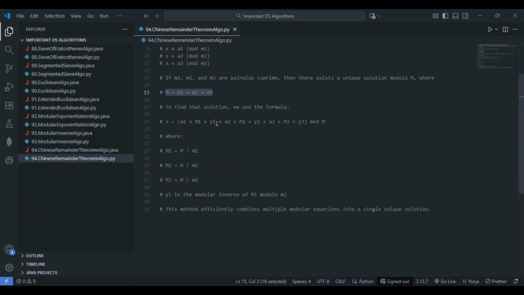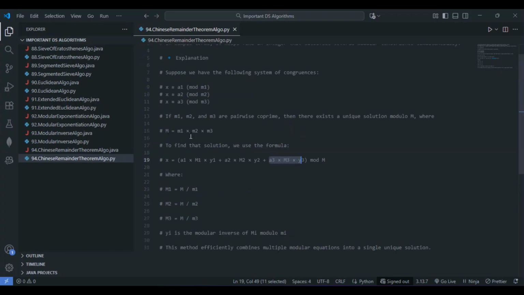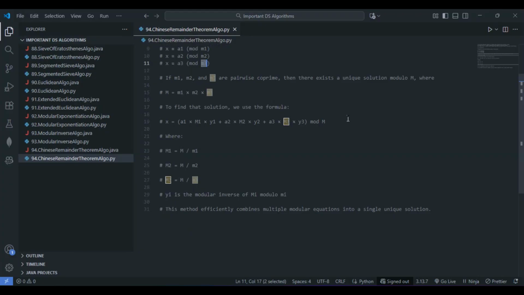To find that solution, we make use of the formula: A1 times M1 times Y1, plus A2 times M2 times Y2, plus A3 times M3 times Y3, total modulo M.